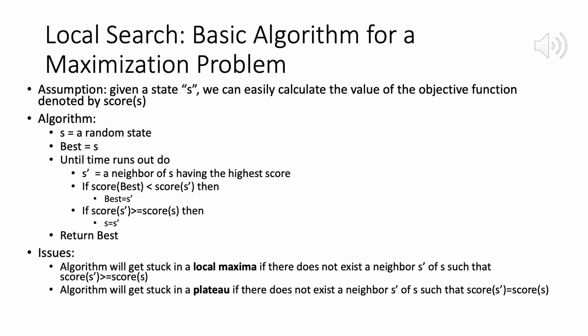Whenever I say a maximization task, I'm talking about an optimization problem in which we want the objective function to be maximized. And whenever I'm talking about a minimization task, I'm talking about an optimization problem in which the objective function needs to be minimized.